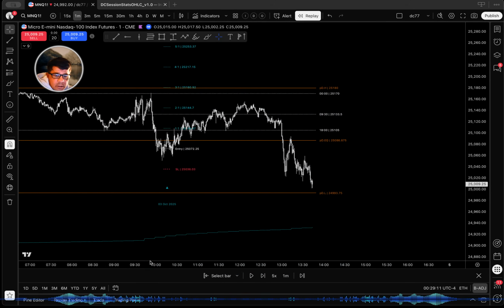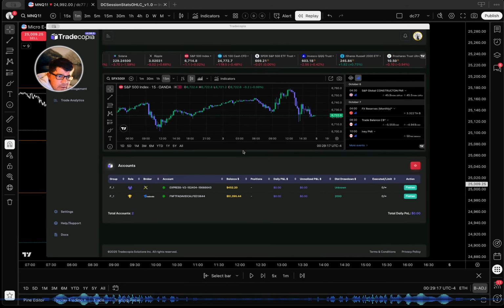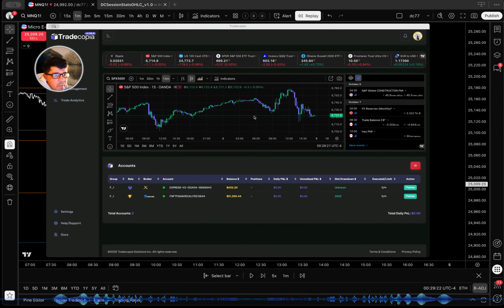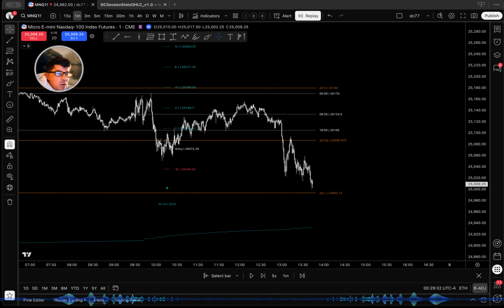Let's dump out of this here. I'm going to throw up this trade copier real quick and show this, because this is how I'm executing Topstep from TradingView. I just got a Funded Next that's a leader, so I pull Funded Next up here, and then I execute on Funded Next.